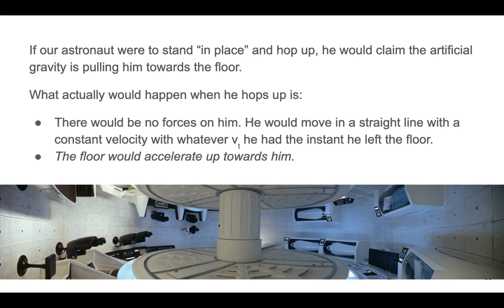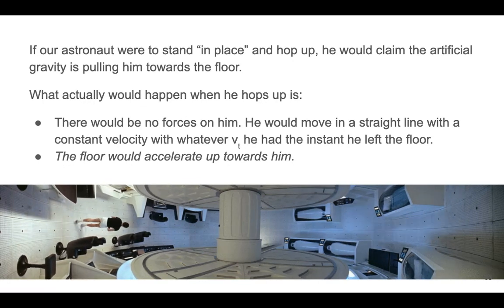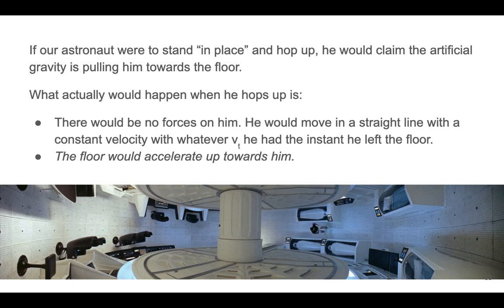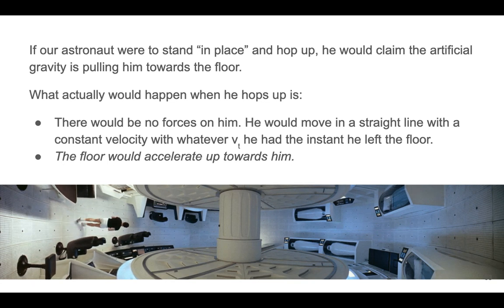He's got straight line, tangential velocity, and he has that the instant he leaves the floor. So when he pushes off the floor and hops up in the air, he hops vertically in that weird frame of reference. But he still has his tangential velocity, which would bring him to the side. So he would go in a straight line to the side. And we would say that the floor actually accelerates up towards him. I know this sounds very complicated when you do it in words. Normally in class, again, I would draw this on the board and talk you through it step by step.